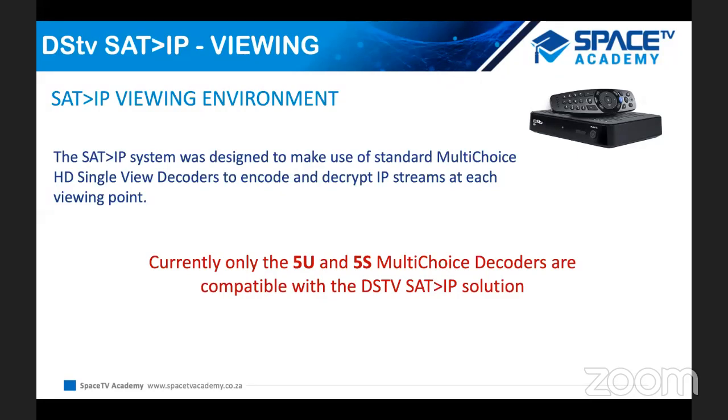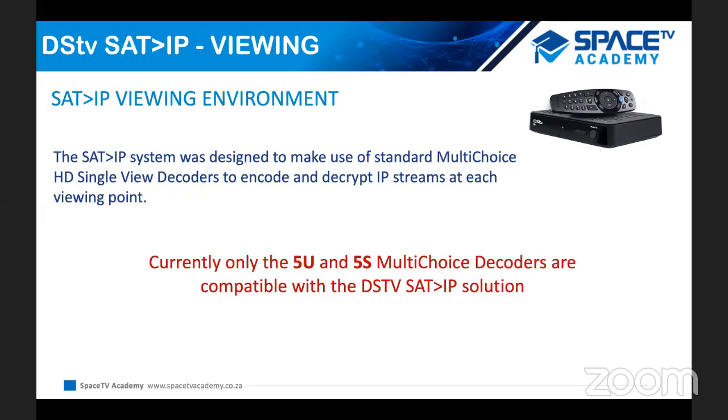Although the 5 has obviously been replaced by the 6 already. There are 5S decoders available from ourselves for SATIP deployments. So if you are doing a SATIP deployment, please ensure that whichever branch you're dealing with, you specifically make sure that they supply you the 5 series decoders and not the current 6 series decoders, because the current 6 series decoders are not SATIP capable.